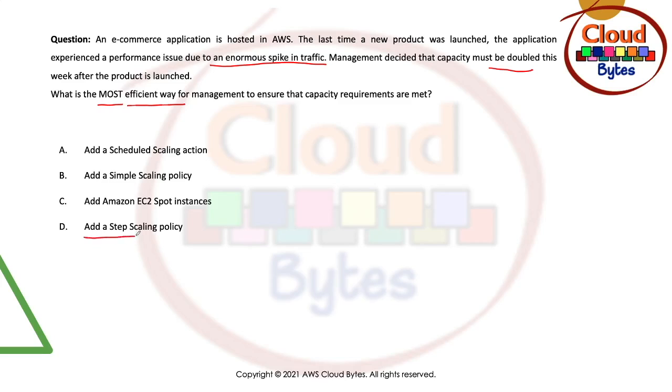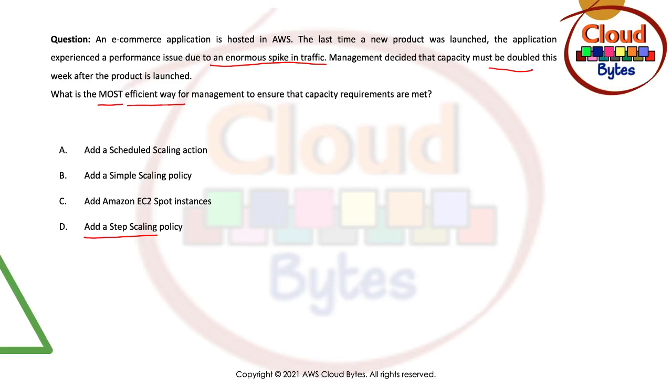Add a step scaling policy. Now, if you have used step scaling, you would know that step scaling is used to increase or decrease the current capacity of your auto scaling group based on set scaling adjustments, known as step adjustments.